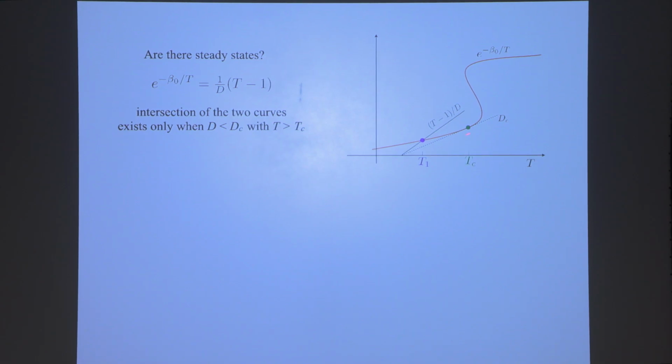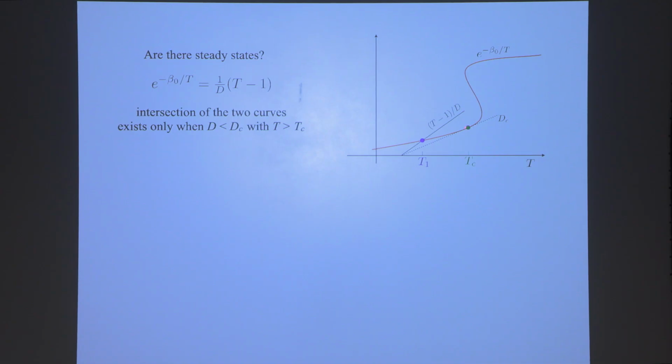The exponential is the red curve. The linear function here depends on this parameter d, which is a Damköhler number, or something related to the heat loss from the previous slide. When they intersect, there is a steady state, which is here.